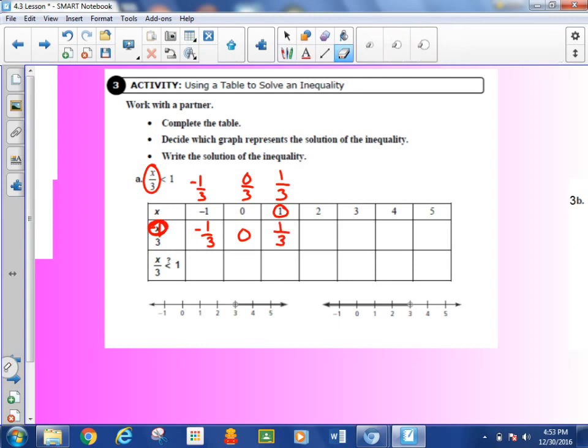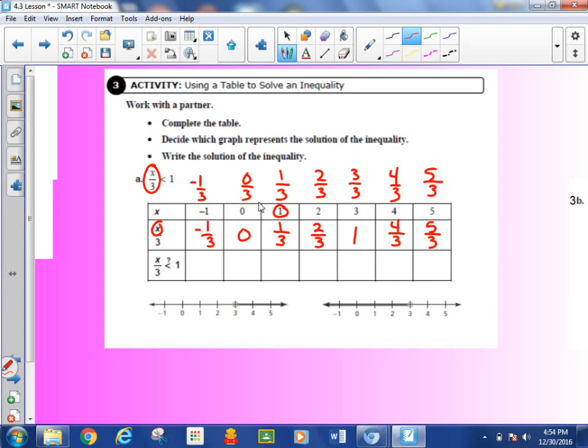And then we would put a 2 where our x is here. So 2/3 would just be 2/3. 3/3 reduces to actually 1. 4/3, you could leave it as 4/3 or write it out as 1 1/3. I will tell you the book leaves it as 4/3, so your choice. And then 5/3. I'm just going to leave it as 5/3.